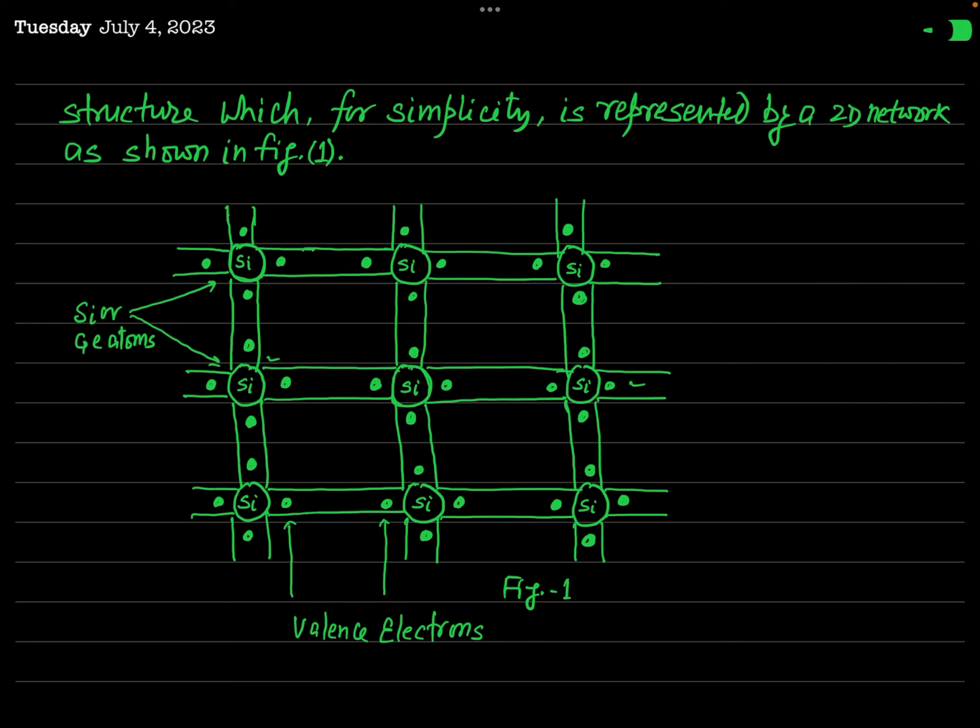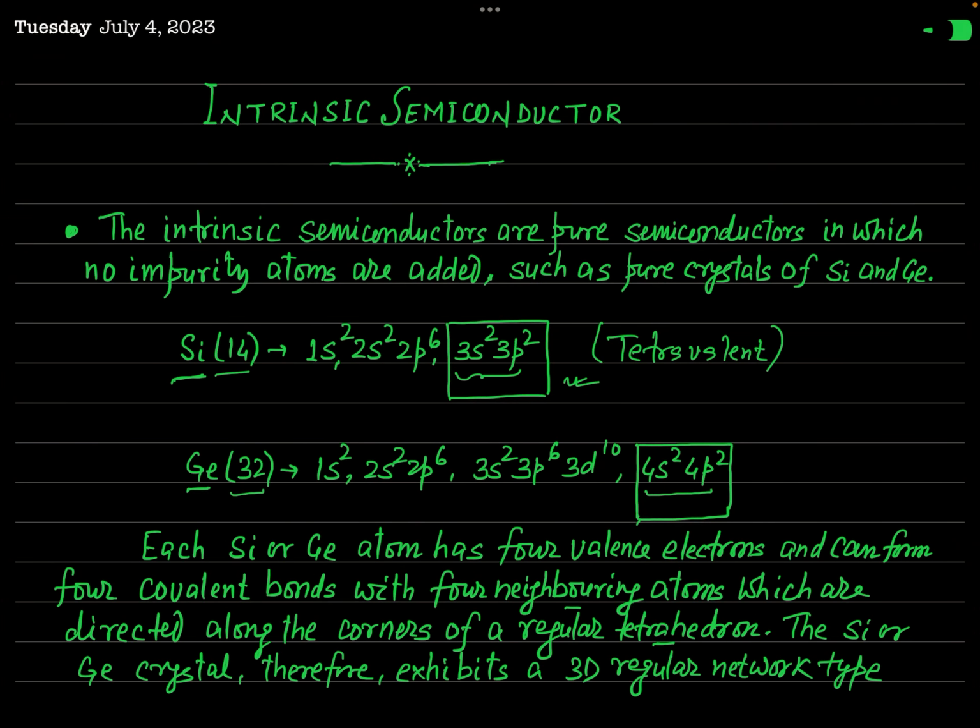In fact, in the actual crystal structure, the germanium or silicon crystal is just like diamond, having the diamond structure. Actually, 4 covalent bonds are formed with 4 neighboring atoms, and these are directed along the corners of a regular tetrahedron, as in the case of diamond.